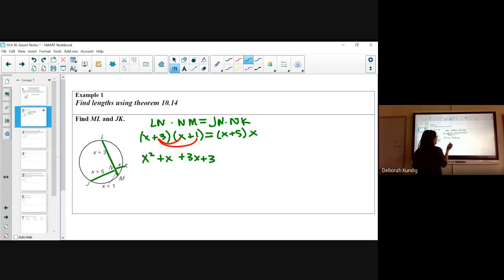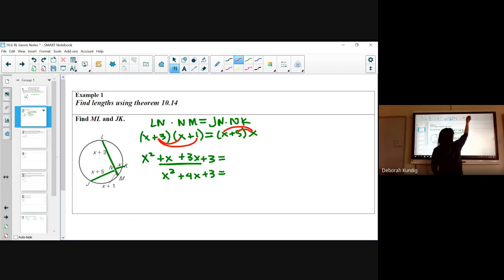That's the left side. So I'm going to combine my two middle terms: x squared plus 4x plus 3. Now I'm going to do the other side. This is just distributing x times x and x times 5, so this would be x squared plus 5x. It doesn't matter which side you take it to.